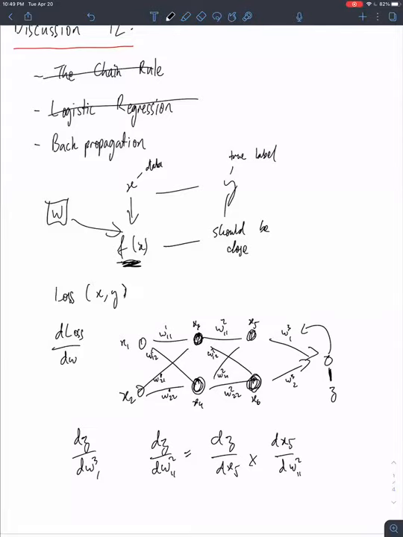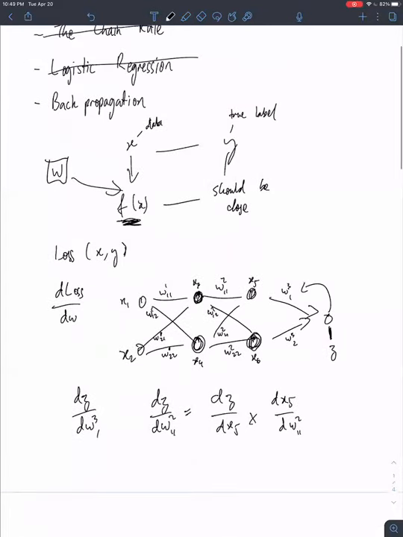Right, but what's dx5 dw112? Well, x5 right here, the value of this neuron, the activation, is equal to some nonlinearity. So it's like a ReLU of W112 times X3 plus W212 times X4, plus a bias that we haven't really talked about, but let's ignore the biases for now. They just make things difficult.